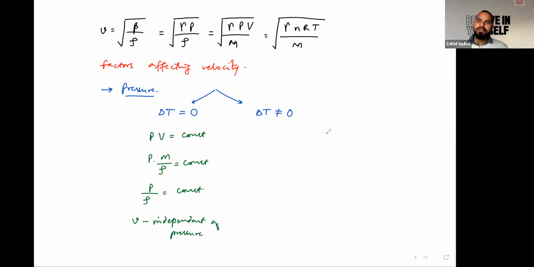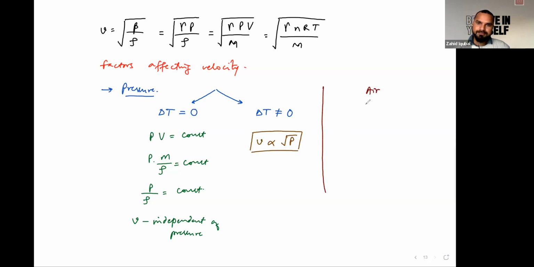But for non-isothermal process, velocity is directly proportional to root under P. Next, for dependency on density, it is inversely proportional.